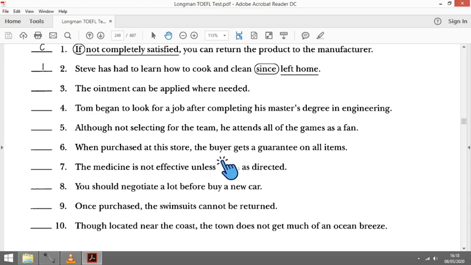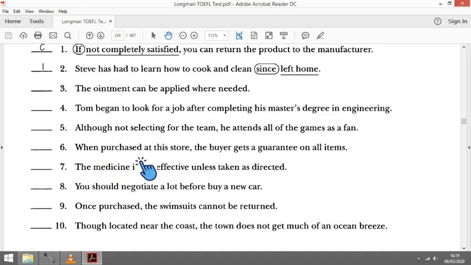If you look at this, it's the right structure, but the meaning is not appropriate, because how come someone purchased the store? We have to change this one, purchased, to be purchasing. We change to be -ing. You are purchasing, you purchase at this store. We can't make it passive.